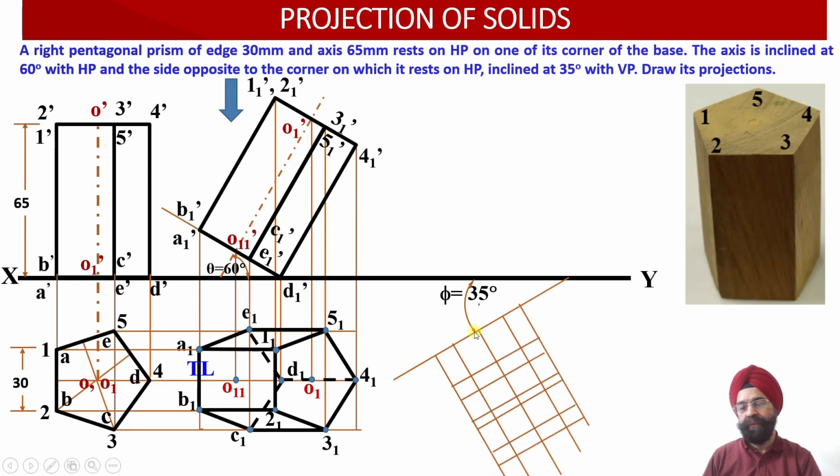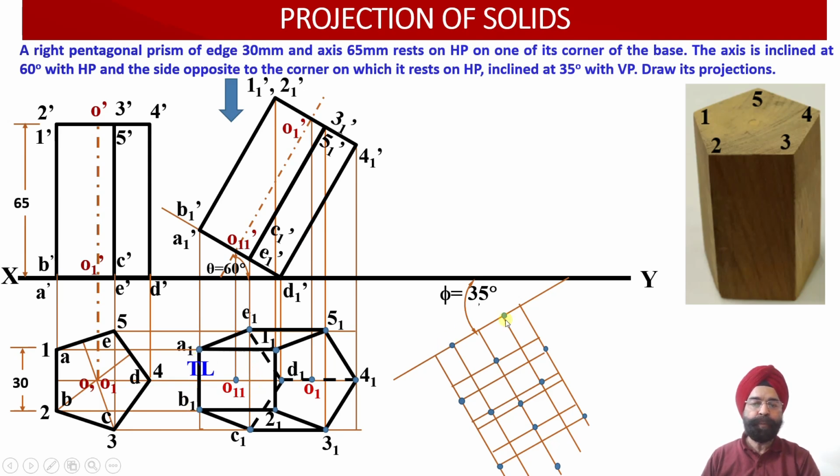Up to 6 I have marked, and 1 more point over here, that is distance number 7. Now you see there are 12 dots which I have shown, corresponding to the 12 points of the plan projection view. These 12 points I am going to mark over here. Please check.